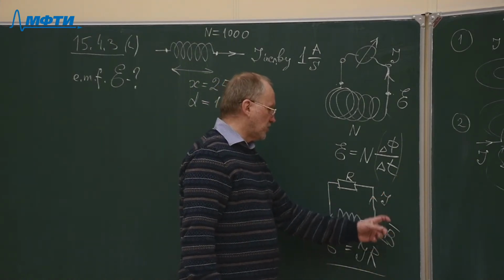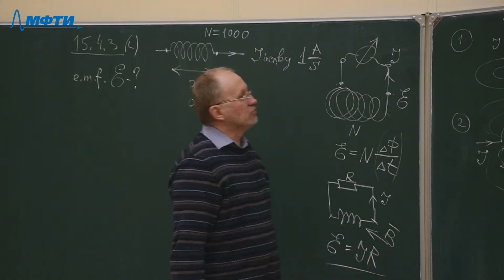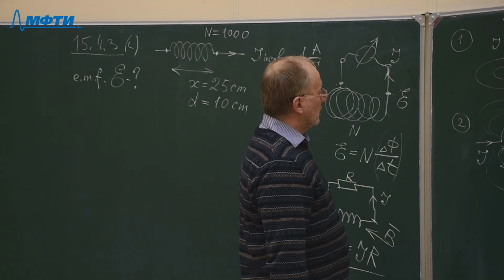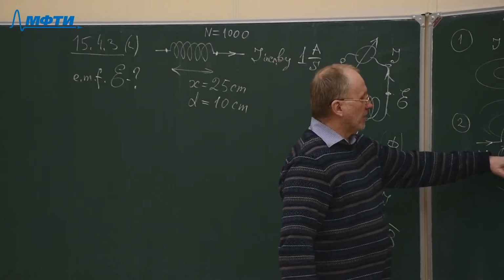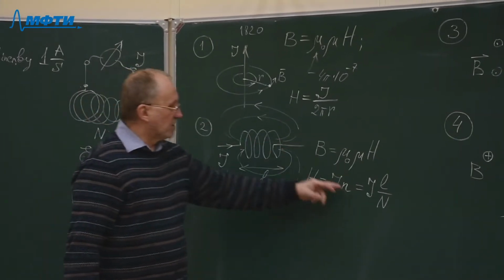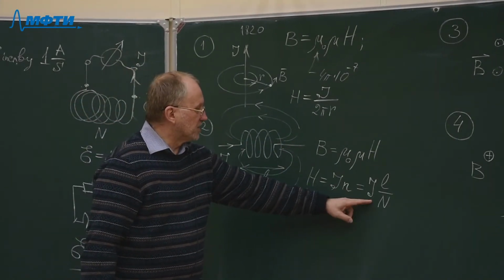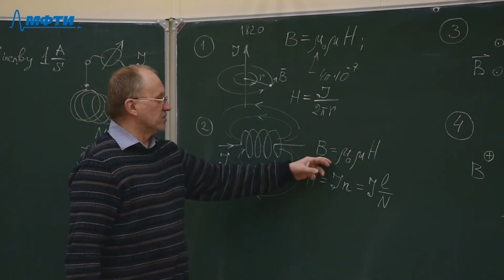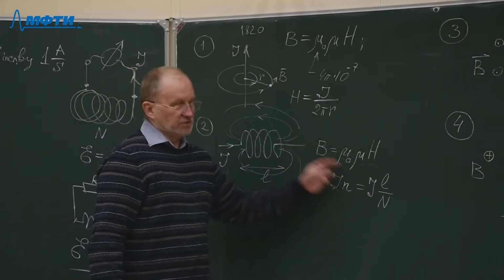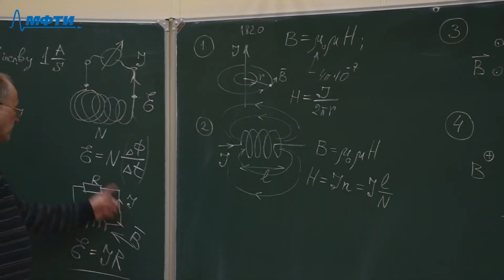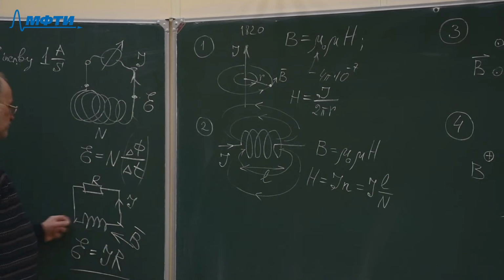If the current is changing, the magnetic field will change. Look here at the formula defining the magnetic field inside the solenoid with some current. If the current changes, then the magnetic field in the solenoid should also change, because it's directly proportional to the current.